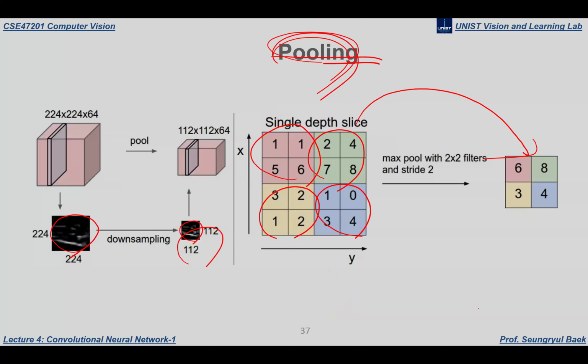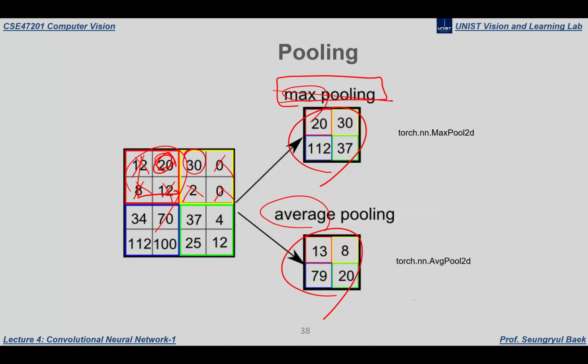When reducing the size of the image from this to this, we pick the maximum value that retains the highest information. Average pooling can retain information from other nearby pixels, but in practice it does not work very well.